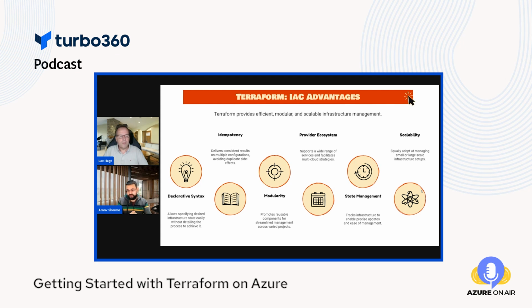The next thing is state management. With Terraform, the unique benefit is the state. Let's say in your company you have 15 different people who manage Azure resources, and some people don't like code and some do like code. So let's say you have deployed something using code, someone goes in and changes things around, let's say adds a disk or expands the scope of the virtual machine.